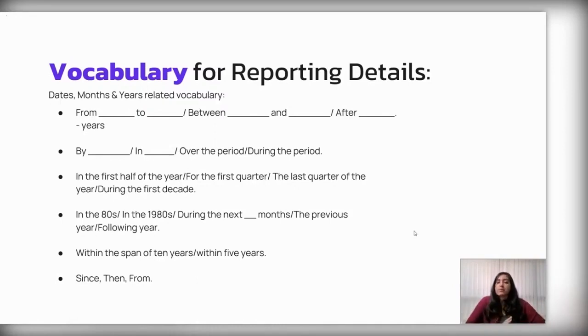So, for example, within the span of 10 years, the values were stable or stayed steady. Or within 5 years, there was a massive increase or gradual increase or something like that, you can say. And then using words like since, then, and from, that also will help you connect your sentences and your points together.